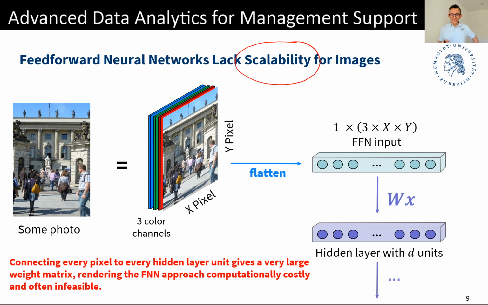For every pixel in the image, which has dimension x by y in my example, so we have x pixels in the horizontal dimension and y pixels in the vertical dimension, we have x by y pixels overall in the image, and for each of these pixels we need 3 different color channels, one for red, one for green, one for blue. So we have 3 by x by y values in total, which we could flatten into a single vector and then feed through a neural network.